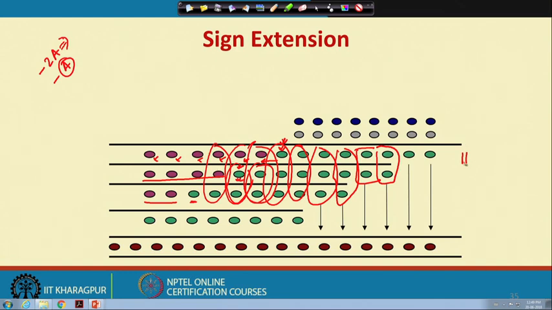If I use generic carry save, that is the Wallace tree multiplier, the depth I need is 4, but if I use only Wallace tree, at that time I need 8 stages. Okay. So this is the sign extension method which I need to follow whenever we are using this Booth multiplier architecture. Okay.